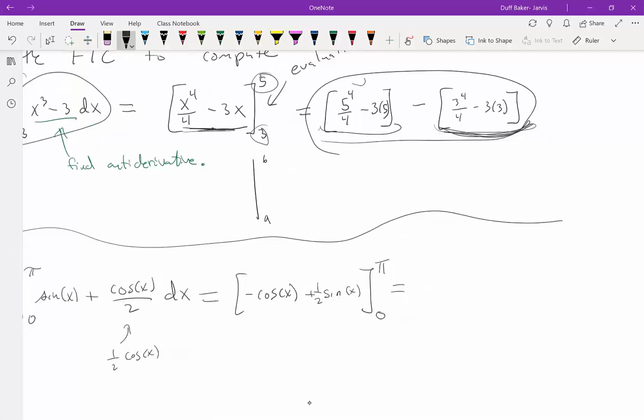And so the first term will come from plugging in the top one. It always goes top first. So negative cosine of pi plus 1/2 sine of pi minus the second term where we plug in 0: negative cosine of 0 plus one-half sine of 0.